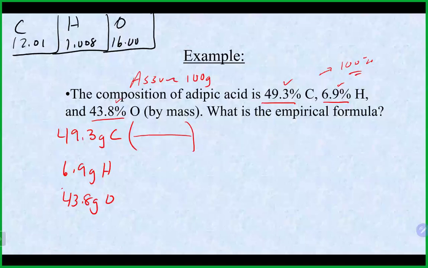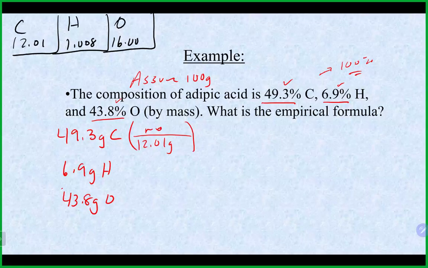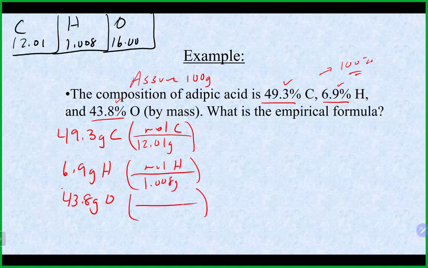Once again, here we're just going to convert them into moles. So periodic table to do that, 12.01 grams per mole for carbon, 1.008 grams per mole for hydrogen, and 16 grams per mole for our oxygen.